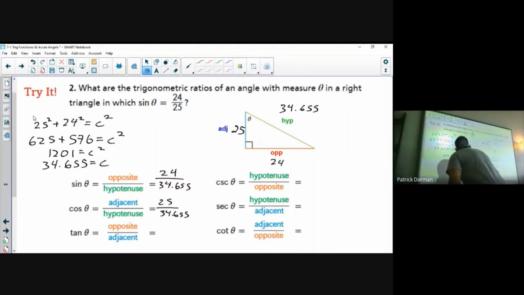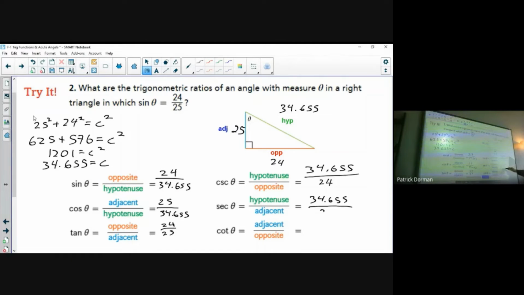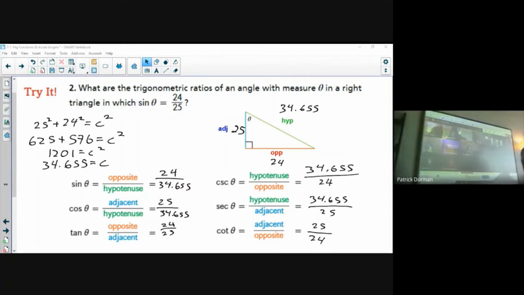This one is going to be 34.655 over 24, divided by our opposite, which was 24. And so there you go. We filled them all in. Not too bad, right?